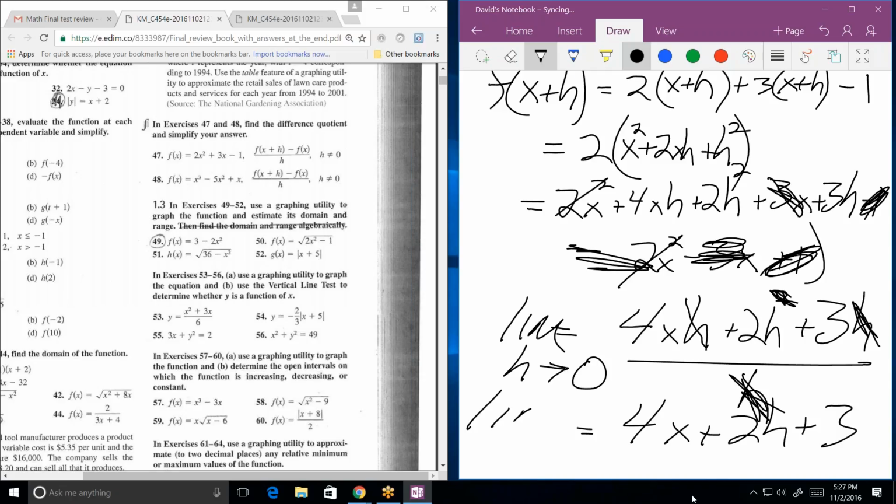What is the limit of that expression as h goes to 0? 4x plus 3? Correct. Notice that that's what you get if you use the power rule: that becomes 4x, that becomes plus 3, that goes to 0.